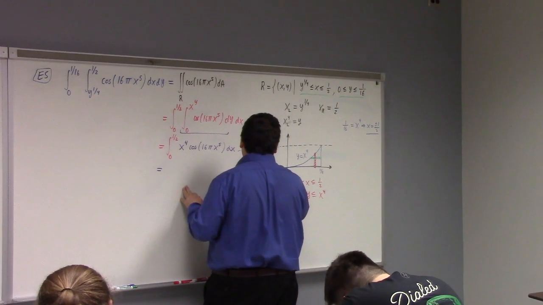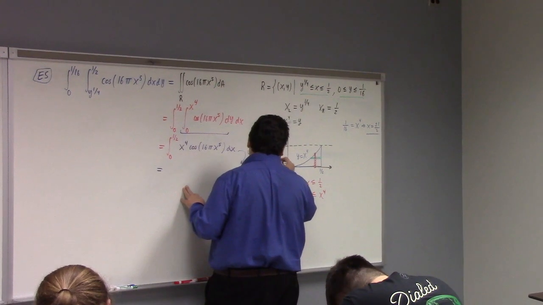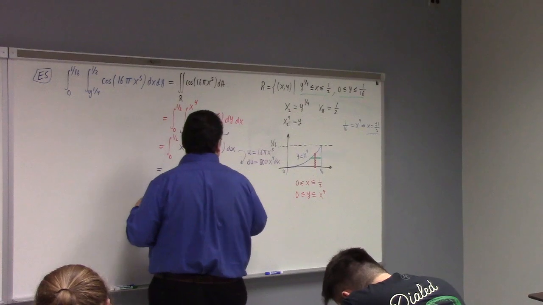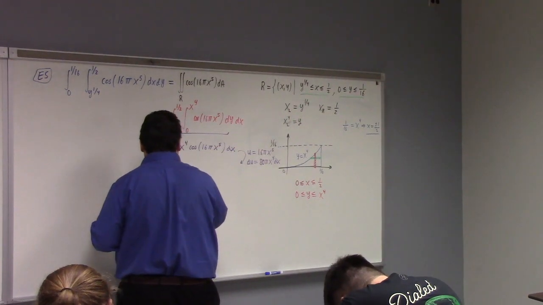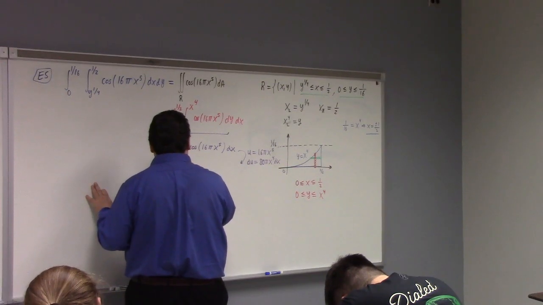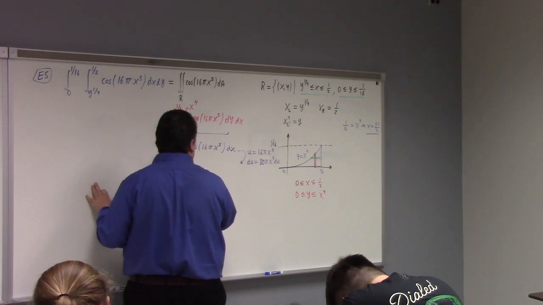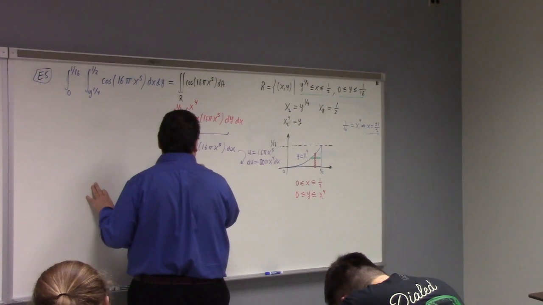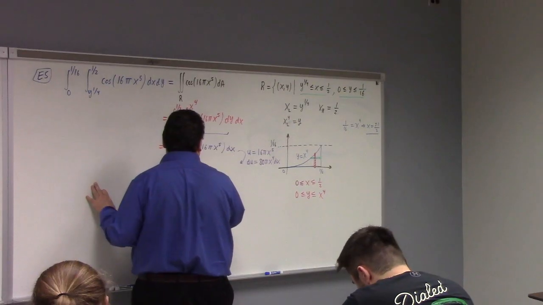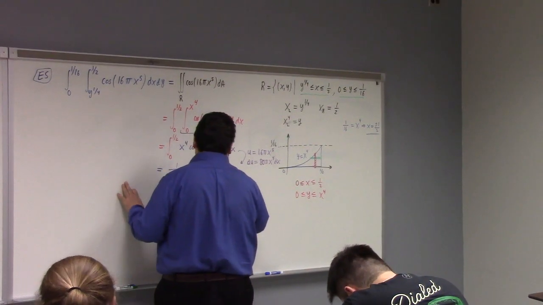So, you know, du is 80 pi x to the 4th dx, which rather gives me, let me get to the point here, 1 over 80 pi, let's see here, cosine integrates to sine, so sine of 16 pi x to the 5th, evaluated from 0 to 1/2.